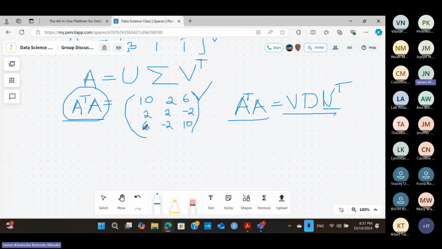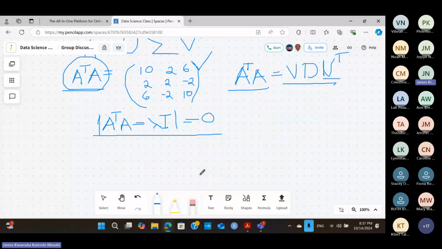So how do you diagonalize this? The first thing you do is to get the eigenvectors of this matrix. How do you get them? You take the matrix minus lambda I, right? So you get the determinant of this, equate it to 0. You'll end up with a polynomial equation whose roots are the eigenvalues.